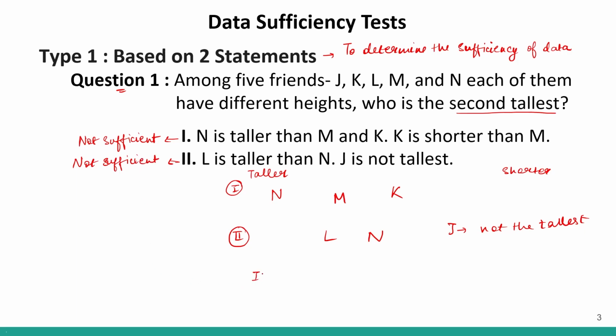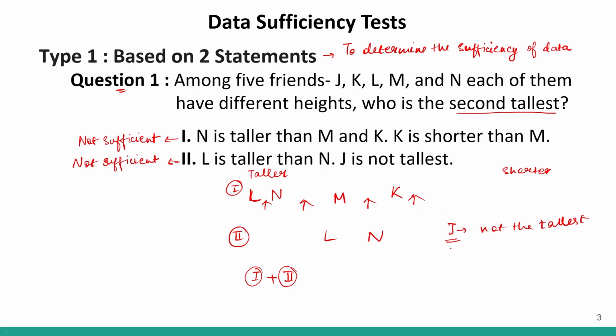Now let me combine the first statement with the second statement. If I combine the second statement with the first, I get the additional position of L, because L is taller than N. Now we know that J is not the tallest, so J can be anywhere.